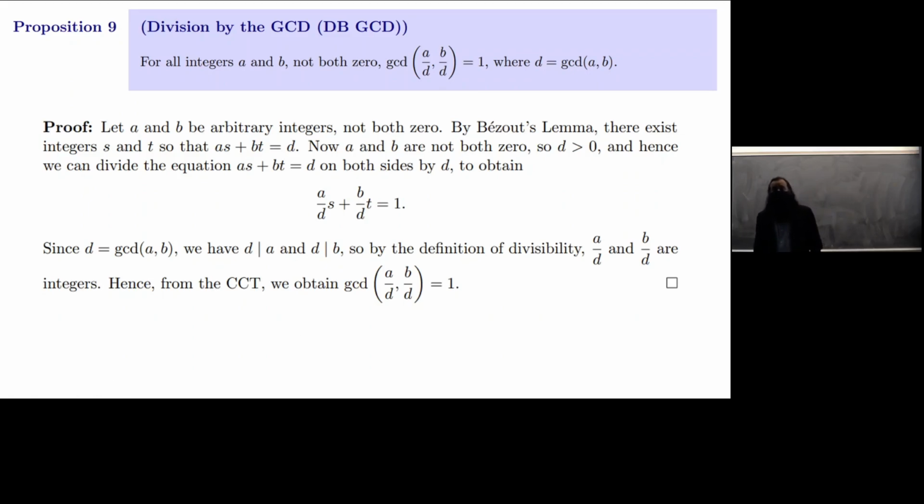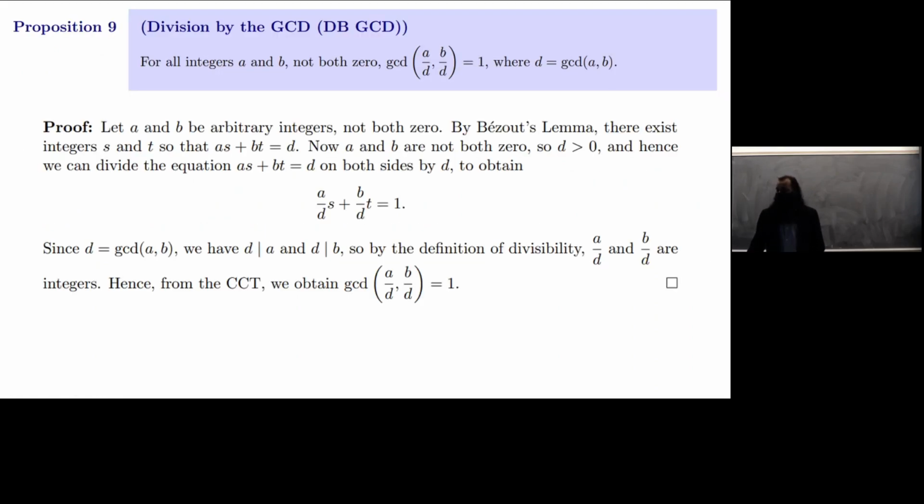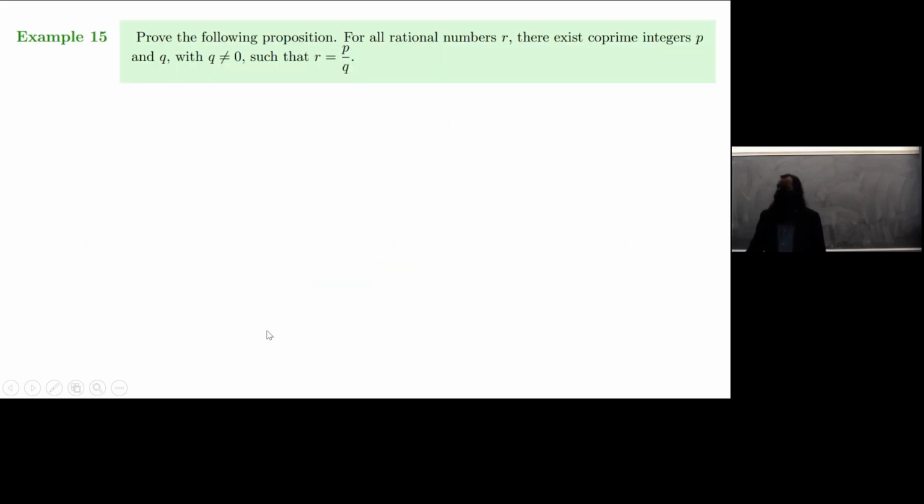It states that the greatest common divisor of A and B equals 1 if and only if you can write it in this form, AS plus BT equals 1, right? So two things are coprime if and only if you can write it as AS plus BT equals 1 for integers S and T. So if you want to prove that two things are coprime, then you use the coprimeness characterization theorem.